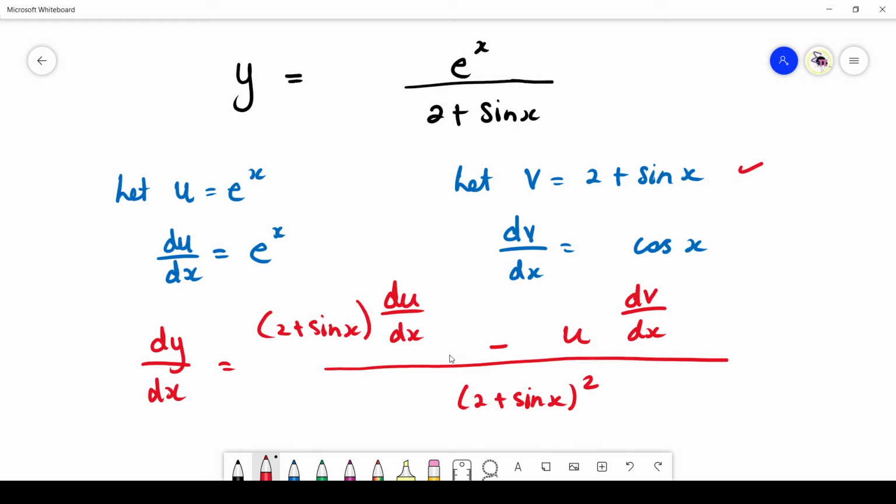Next up, we're going to identify our other letters. So we're looking for du dx, we're looking for u, and finally we're looking for dv dx.